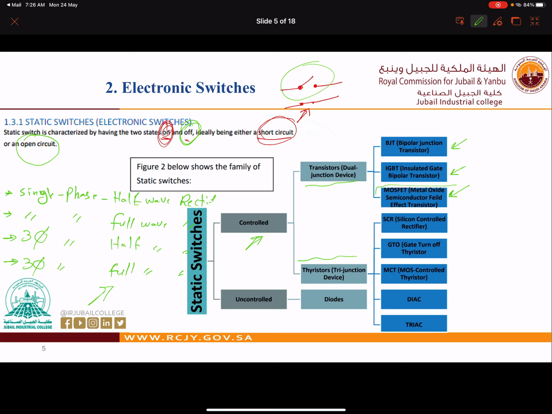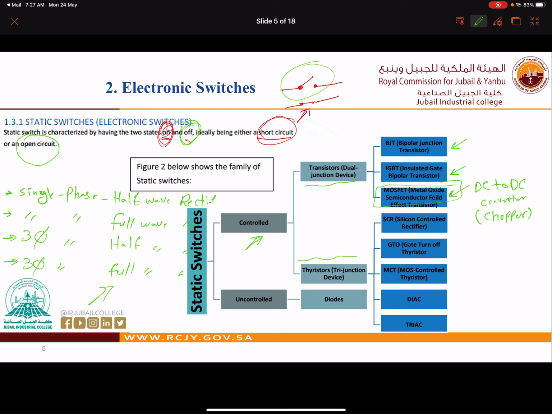We use it for the DC to DC converter. Between brackets it is chopper. Now this is for the transistors.